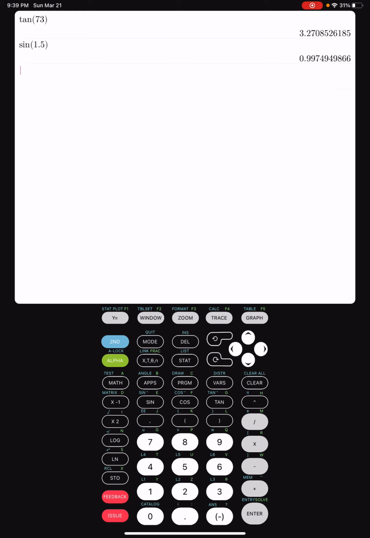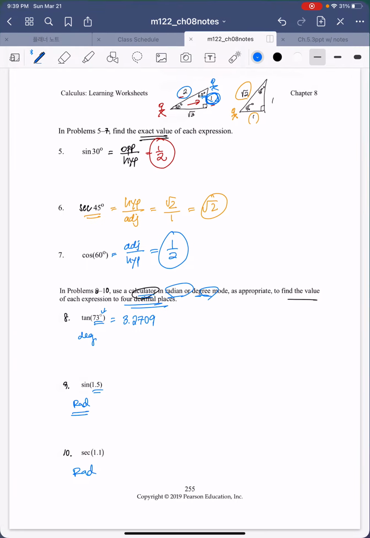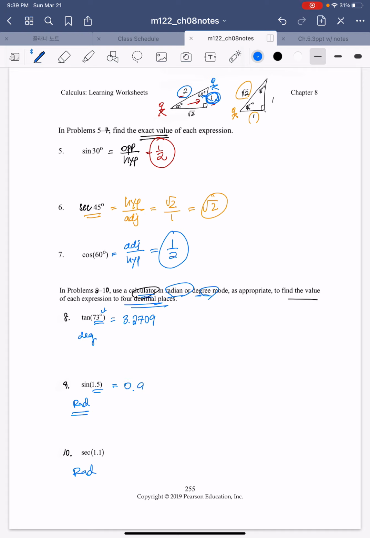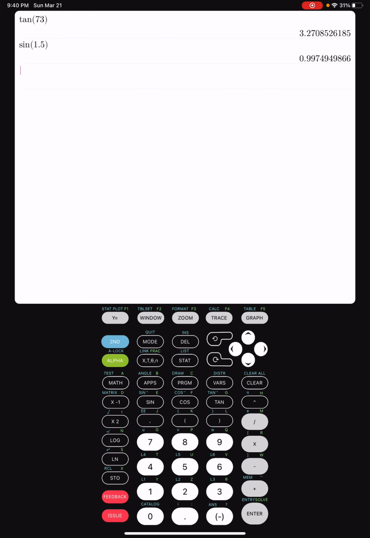Enter. So 4 decimal places again: 0.9975.